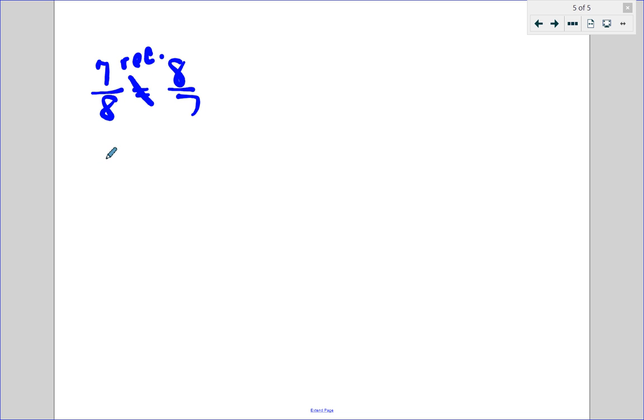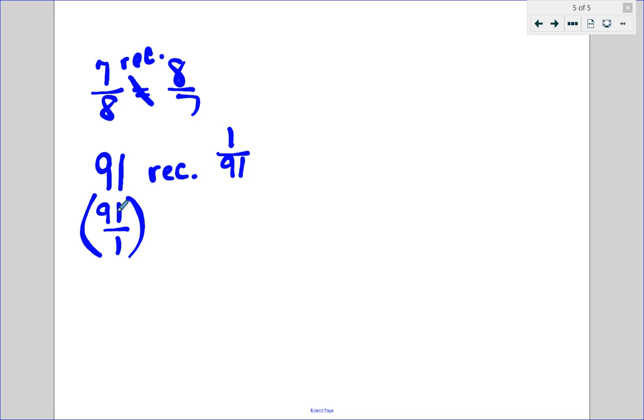And how about the number 91? What's the reciprocal of 91? Well, the reciprocal of 91 is 1 over 91, because this number is the same as 91 over 1. I have 91 of them, and they're in one whole piece.